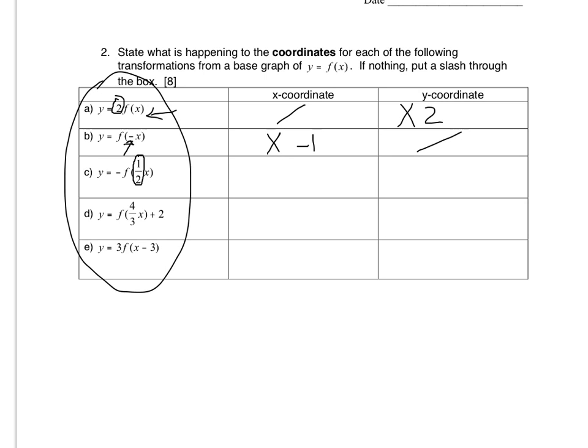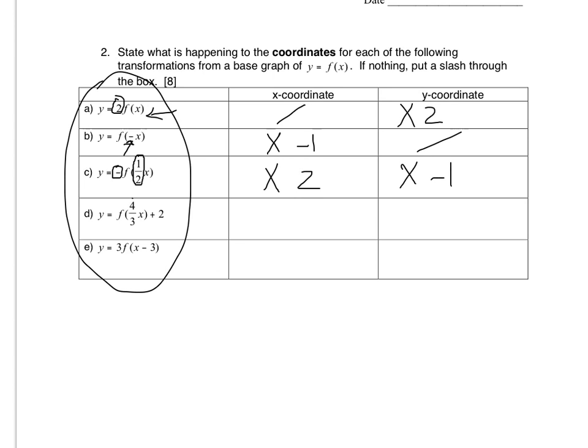This means that your b value is 1 over 2. So the factor, if you remember, is going to be the flip of b. This means that the x coordinate is multiplied by 2. You flip 1 over 2. And the y coordinate is multiplied by negative 1.